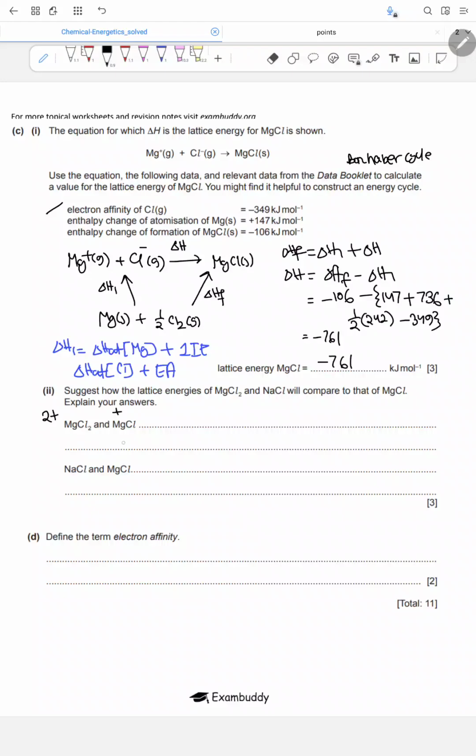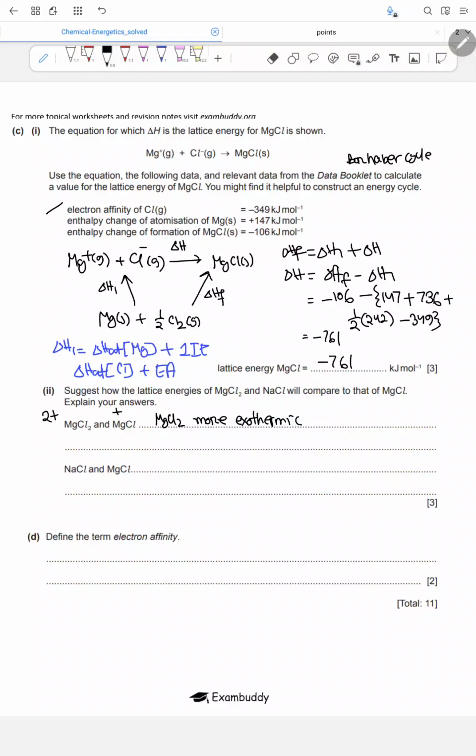Both have about the same ionic radius, but for the sake of charge, magnesium 2 plus is more charged. So you'll write: lattice energies compare. MgCl2's lattice energy will be more exothermic.